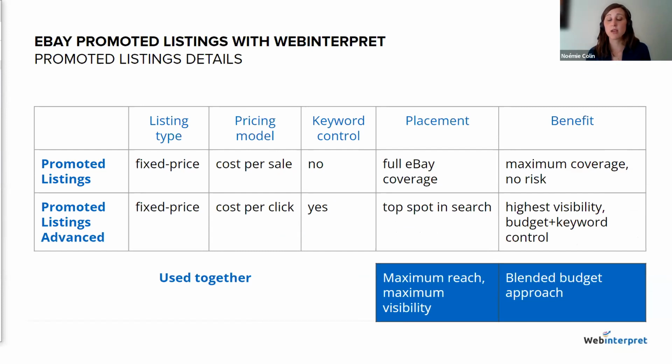So as you can see, there's a high potential. As I was saying previously, these are complementary solutions, and you should not oppose them, but definitely consider using them together, as you will gain maximum visibility and completely control your advertising budget.